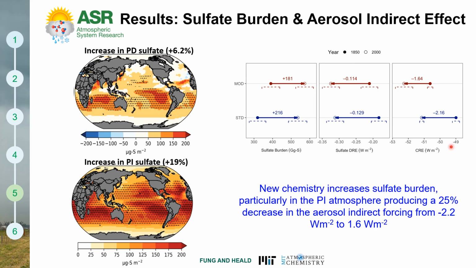This is estimated here through the cloud radiative effect, and you can see that the estimate of the aerosol cloud interactions, or the aerosol indirect forcing due to the rise of anthropogenic emissions from 1850 to 2000 in the standard CESM is about 2.2 watts per meter squared. However, implementing this modified chemistry and the associated increase in the sulfate burden in pre-industrial dampens this indirect effect. We now get an indirect effect estimate of about 1.6 watts per meter squared, about a 25% decrease in the amplitude of the aerosol indirect forcing.